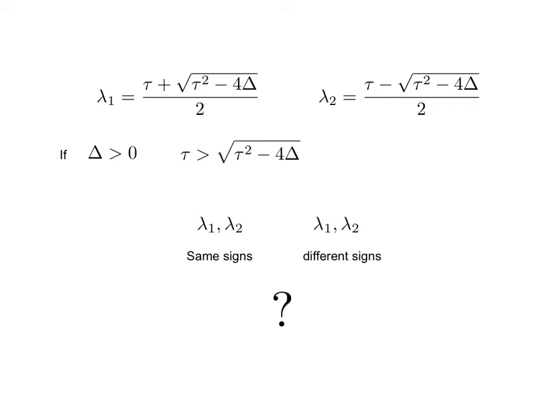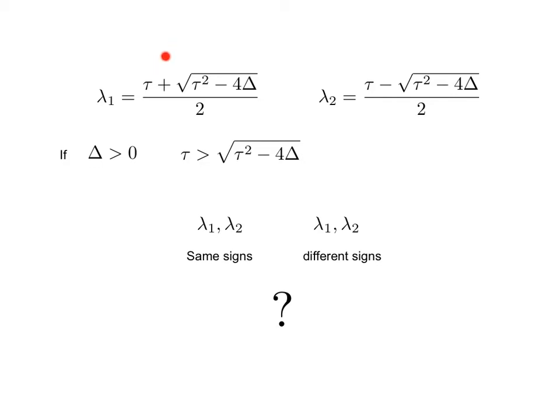Now that we have this, let's have another question. We have lambda 1 and lambda 2. Are they of different signs or the same sign? Just remember tau is larger than this. So if, for example, tau is a positive value and is larger than this, it means that this quantity is positive and this quantity is also positive.